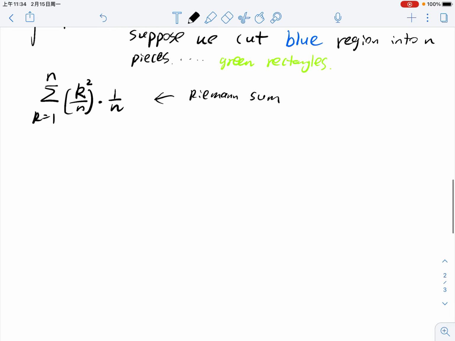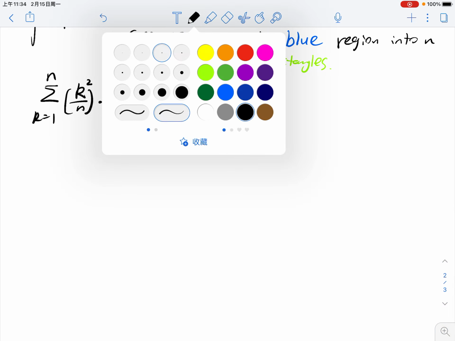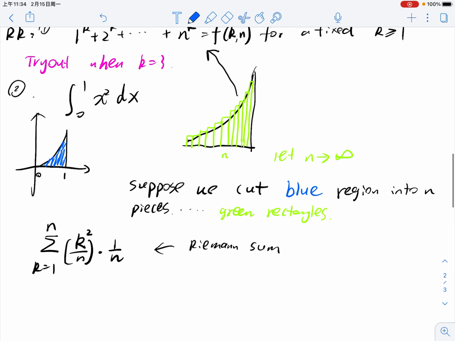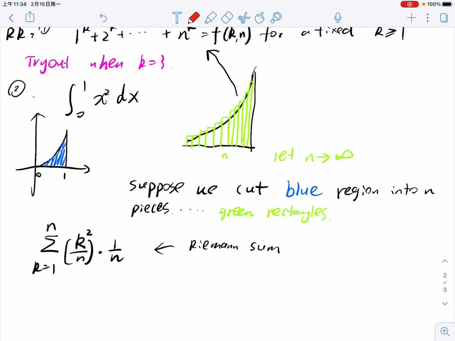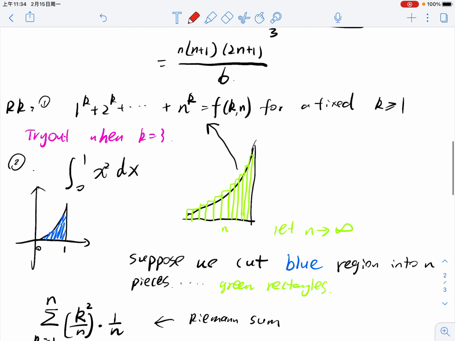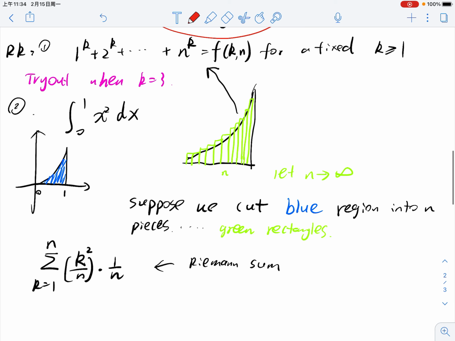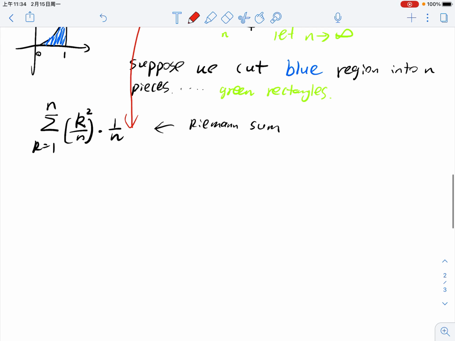Okay, and by the above formula, we apply this formula, we can actually compute it.